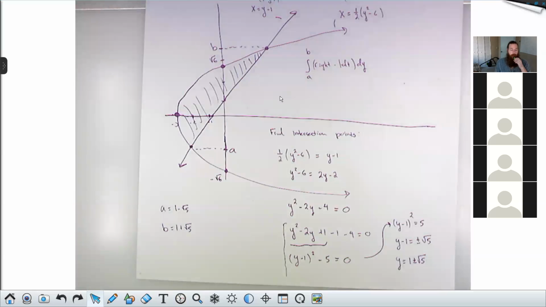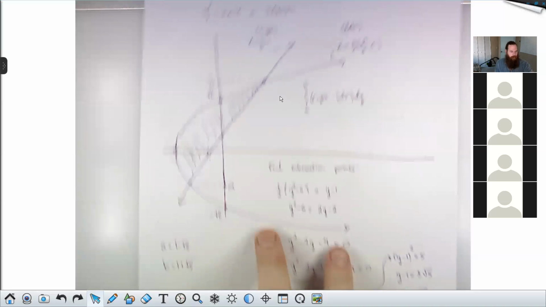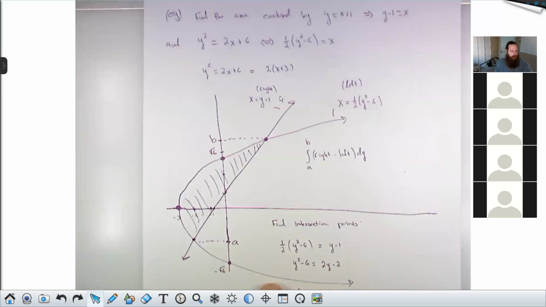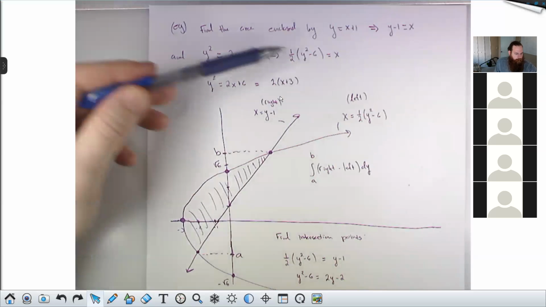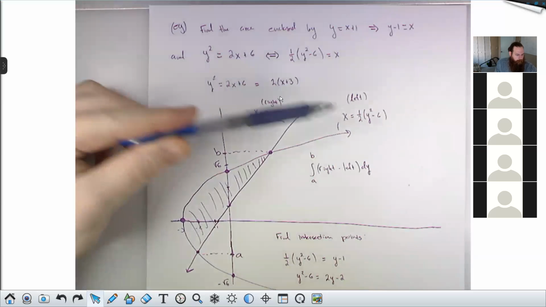Excuse me, sir. Where you wrote find intersection point, is it 1/2 factor y squared minus 3 or 6? Minus 6, right? Yeah. Because we move out on the top 2.